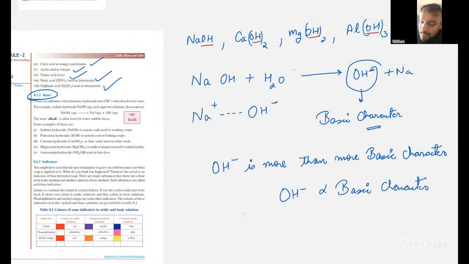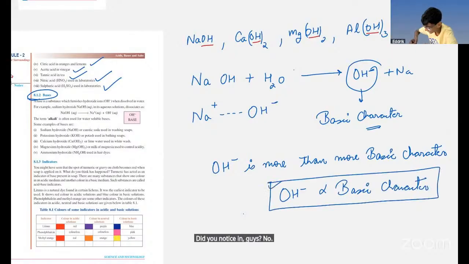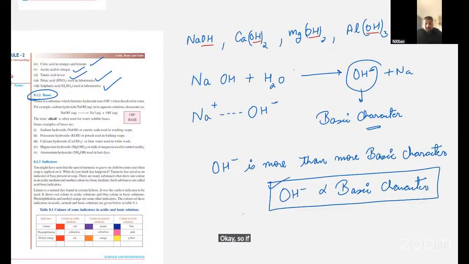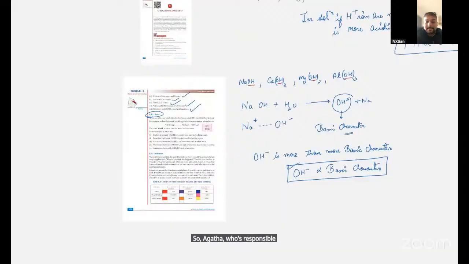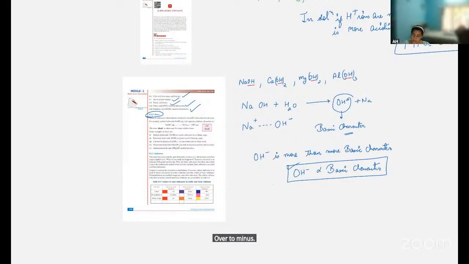Did you understand, guys? Okay, so if OH minus ions are more, it will be more basic character. So Agatha, who is responsible for acidic character? H plus ions. And who is responsible for basic character? OH minus. Correct.